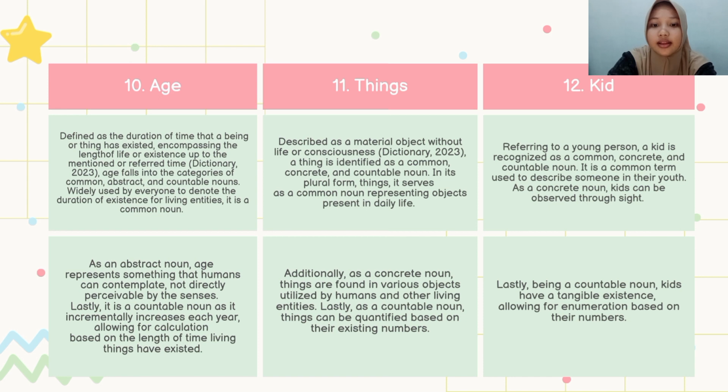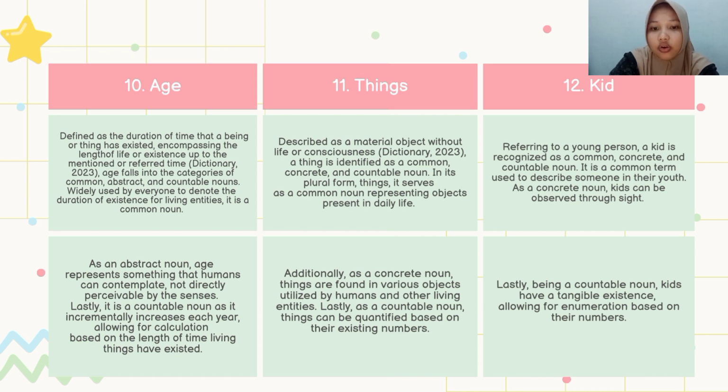Ten is age. Defined as the duration of time that a being or thing has existed, encompassing the length of life or existence up to the mentioned or referred time. It falls into the categories of common, abstract, and countable nouns, widely used by everyone to denote the duration of existence for living entities. It is a common noun.